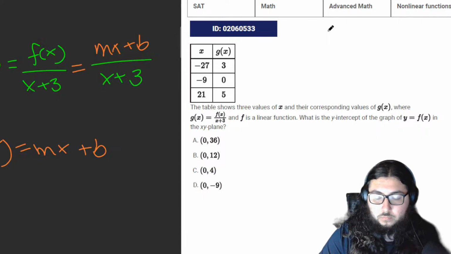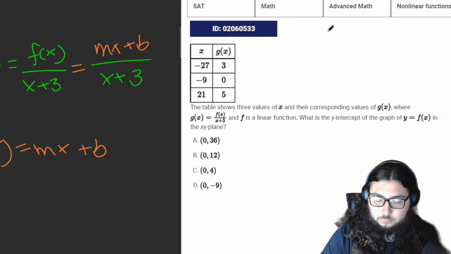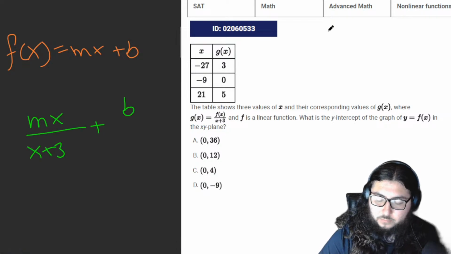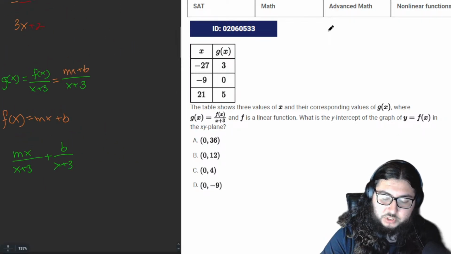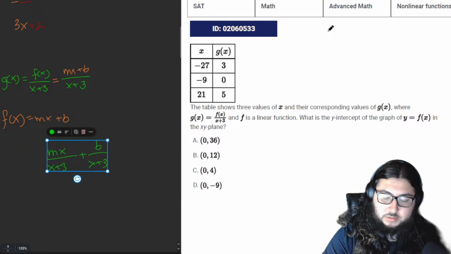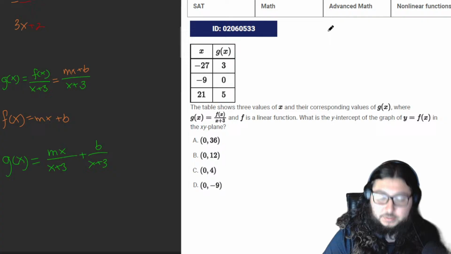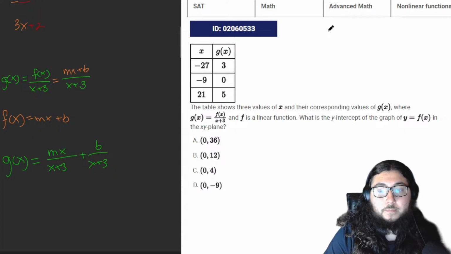Next, we can use this to determine the value of m and b. So really, we can rewrite this as mx over x plus 3 plus b over x plus 3, if that helps us, which in my opinion it will. So g of x is equal to mx over x plus 3 plus b over x plus 3.